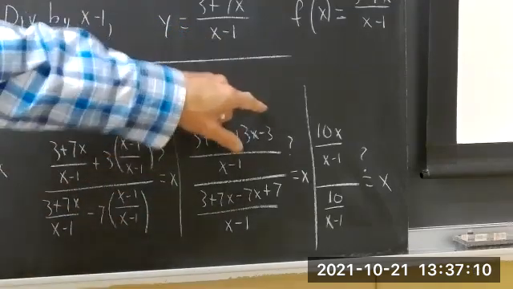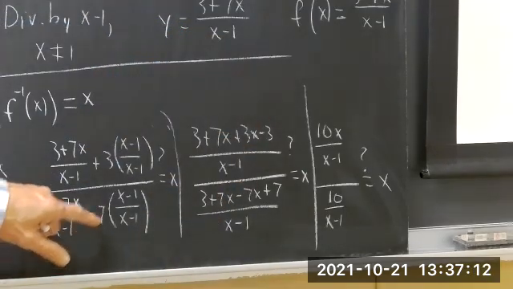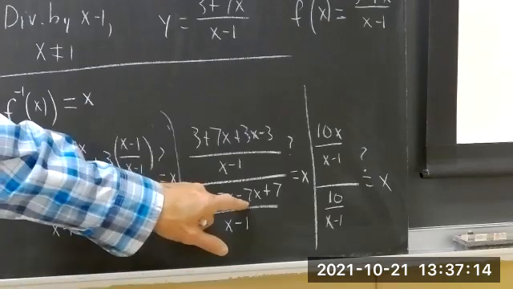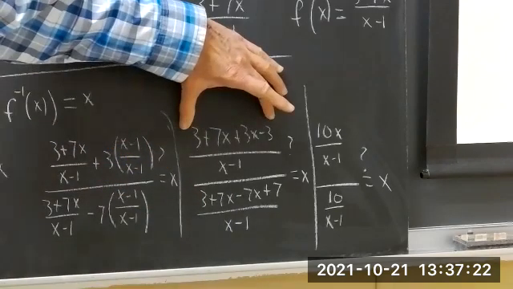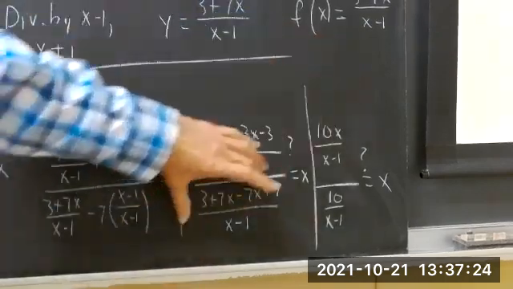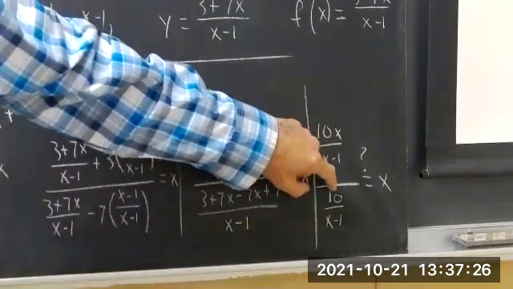That becomes part of our numerator. -7 times x minus 1 gives us -7x plus 7 in the numerator of the denominator expression. When we add all this up, we just get 10x in the numerator, and 10 in the denominator.